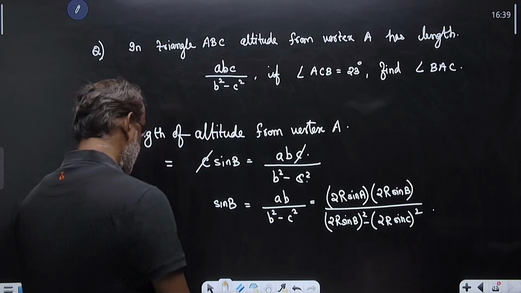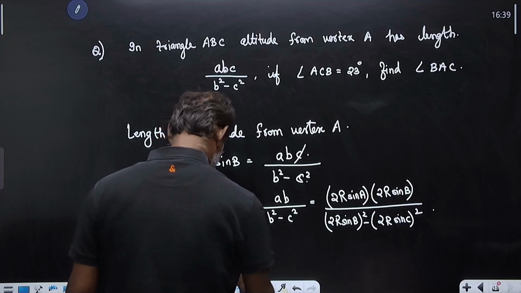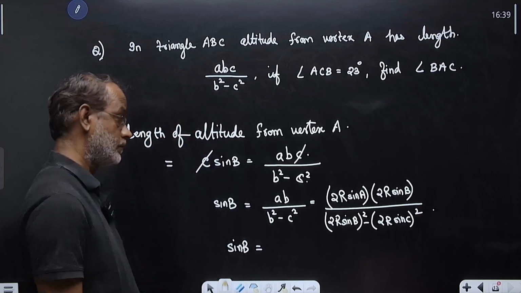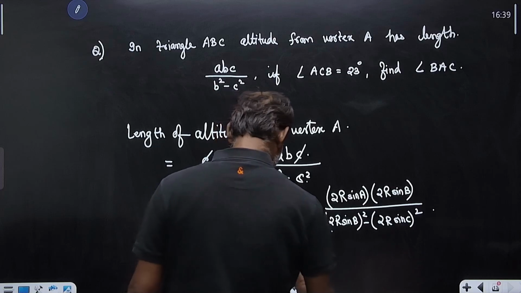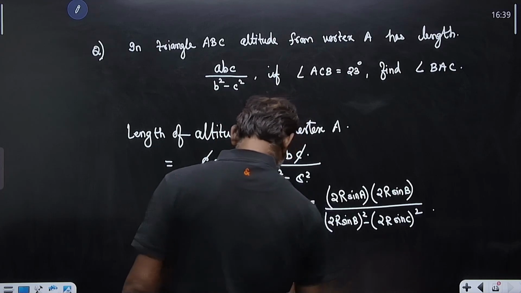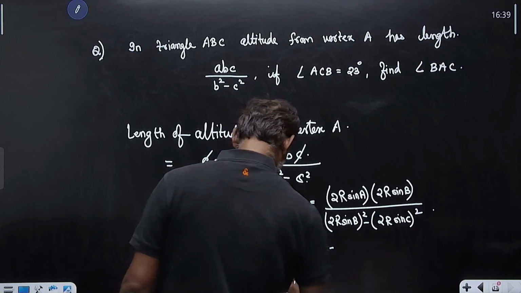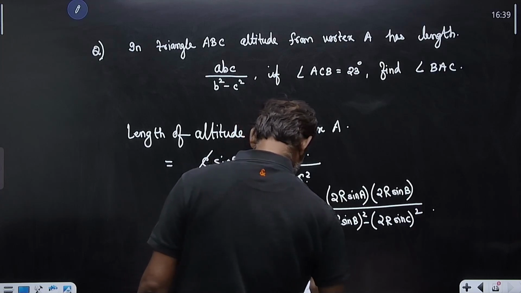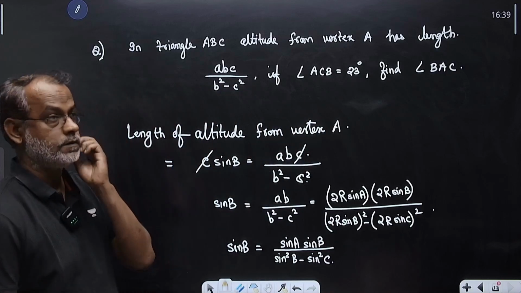So, sin B is sin A sin B upon sin square B minus sin square C.